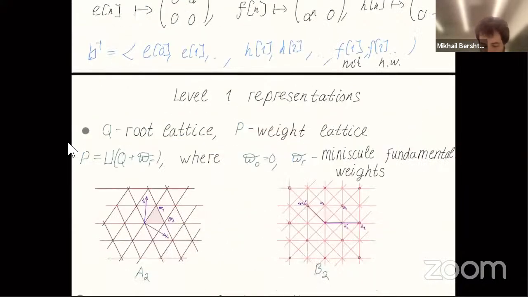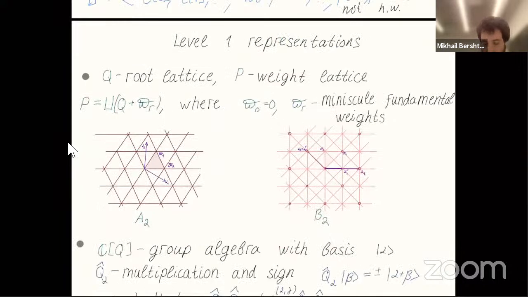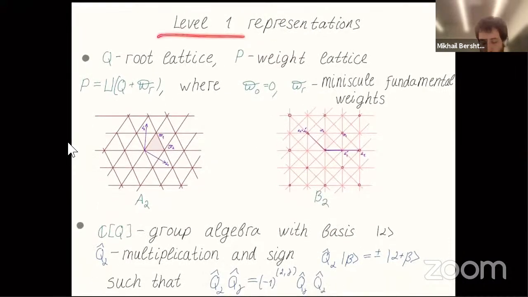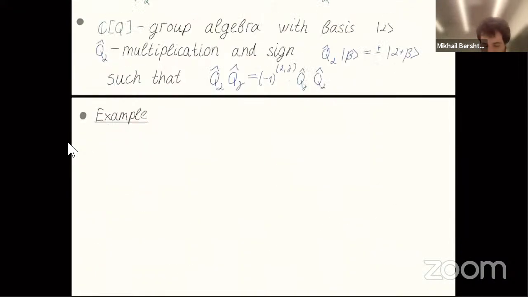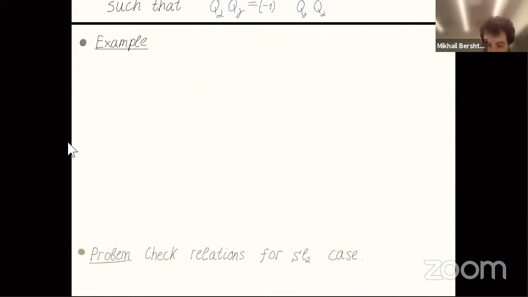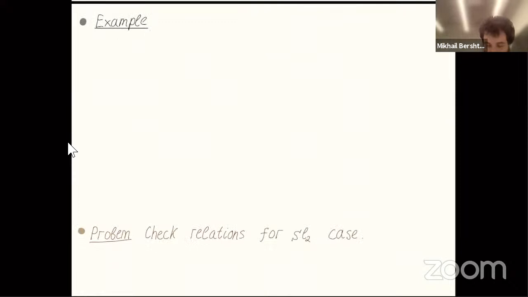I want to say two last things. First, there is an explicit construction of the level 1 representation. I skip any details here, but I leave as a problem to check it for the SL2 case.